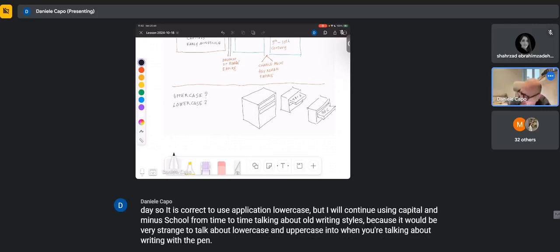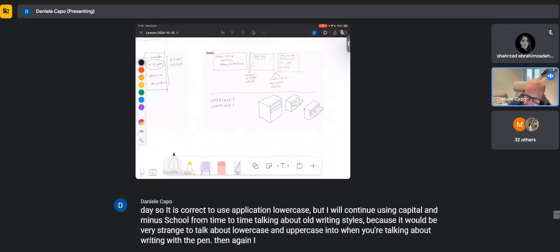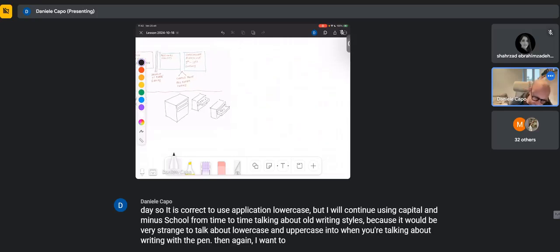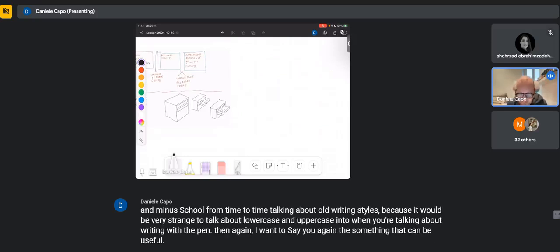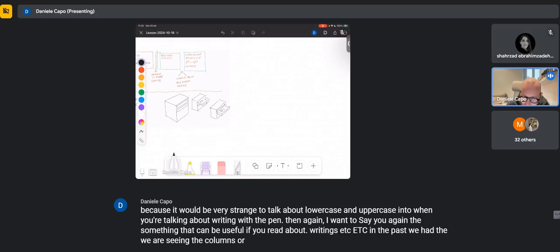And then again, I want to tell you again that something that can be useful if you read about writings, etc., etc. in the past. We had seen the calamus or reed pen. Calamus is a Latin term.